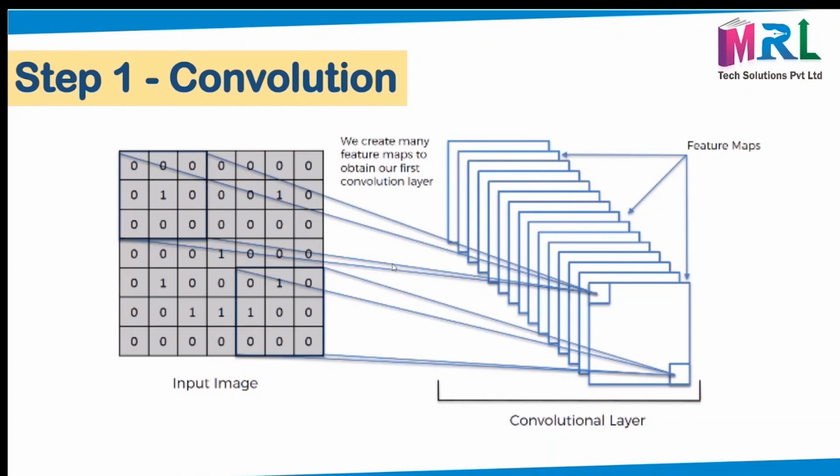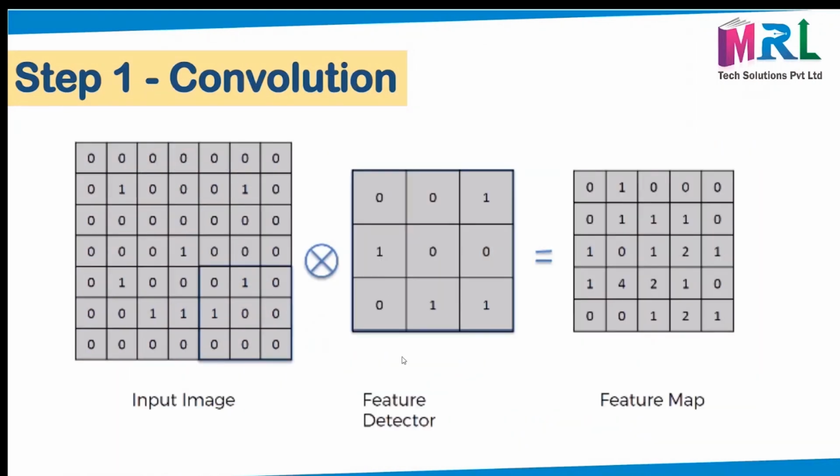The reason is we are not applying only one feature detector, we are applying many feature detectors. We have discussed the R cascade, we have lots of feature detectors. So one is rectangular, another one is triangle, or different shapes, different values are there.